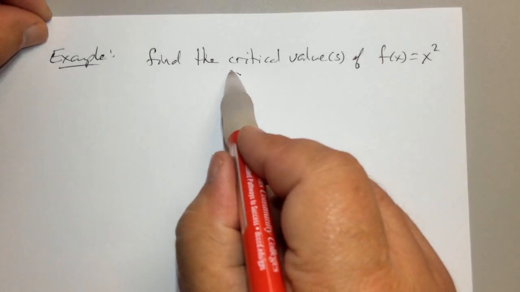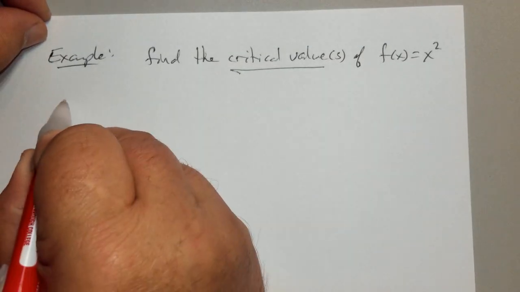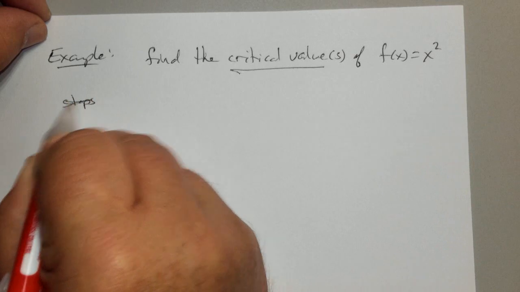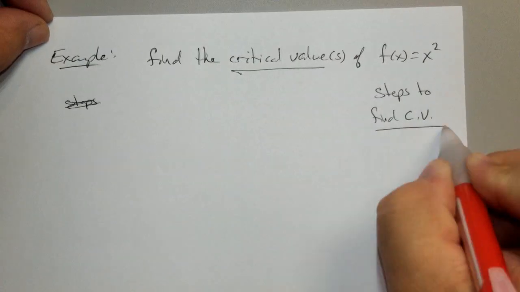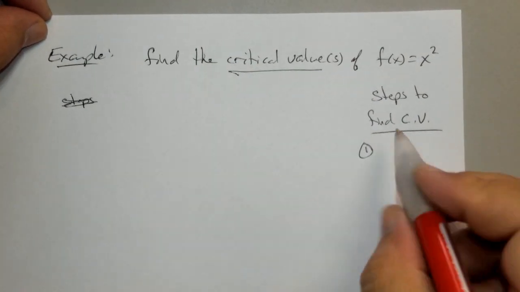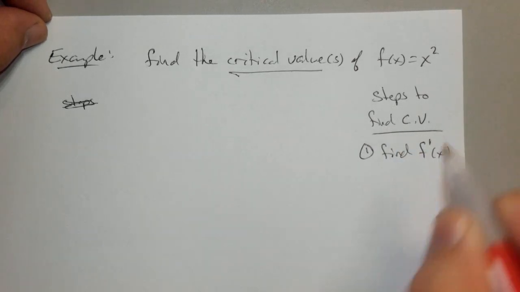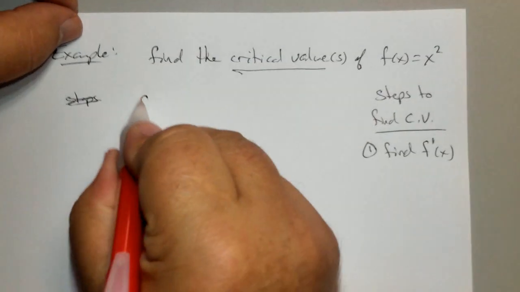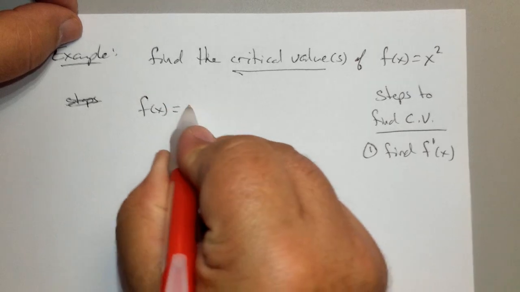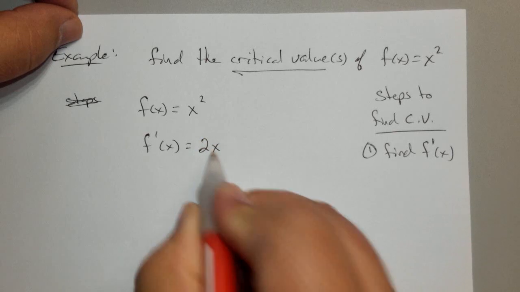So how do you find the critical values? I'll put the steps over here. Steps to find critical values. 1. Find the first derivative. So our first derivative is 2x. 2.